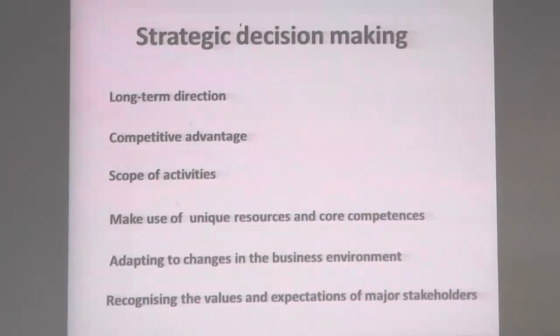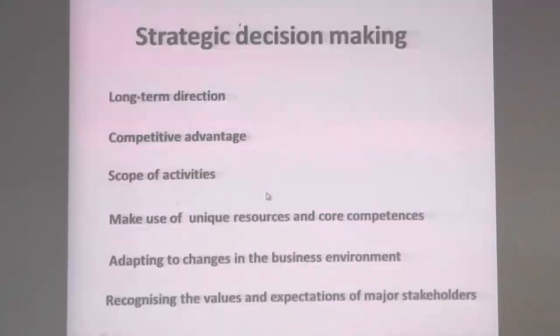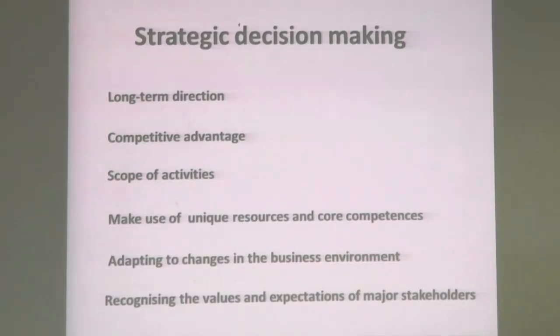Okay. Then the previous slide we explained about decisions, strategic decisions. Then strategic decision making. There is a very good part in the decision making process in strategic planning. So there are long term directions. As I said to you, this will be for a 5 year duration, or else 10 years, that you are taking the decision.